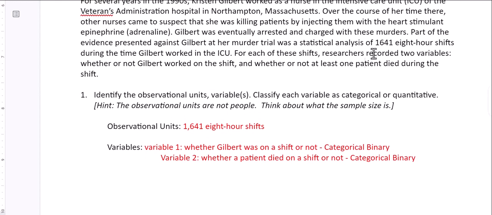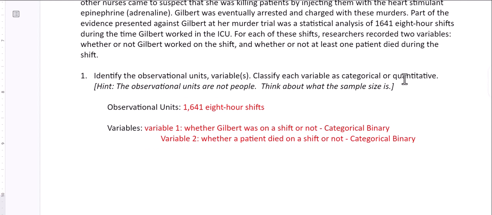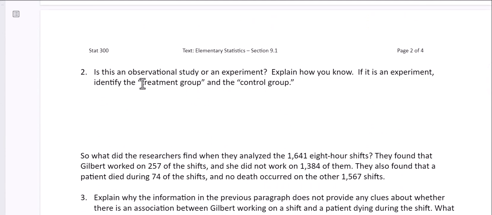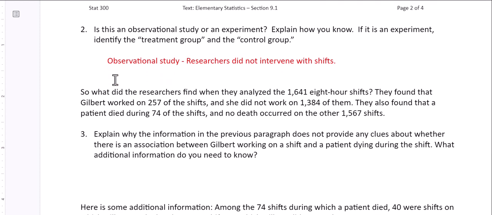Nobody is putting her on a shift to see what happens and then putting a different nurse on a different shift to see what happens. There was none of that. So we can say this is an observational study, because the researchers did not intervene with the shifts. That can be our answer for that.